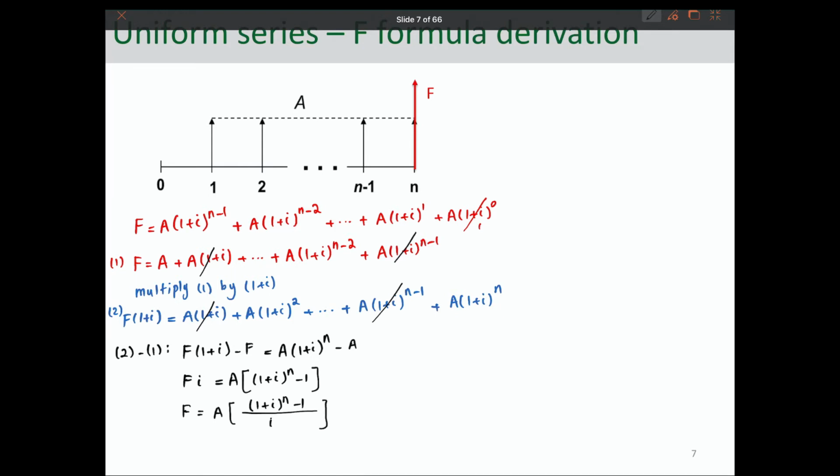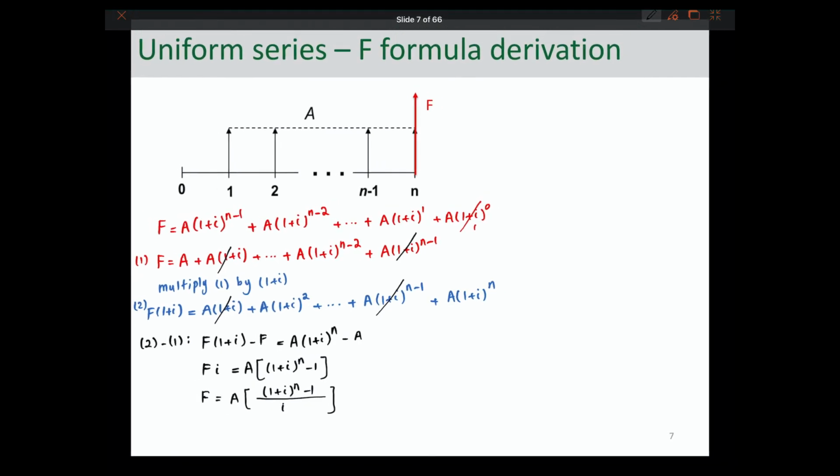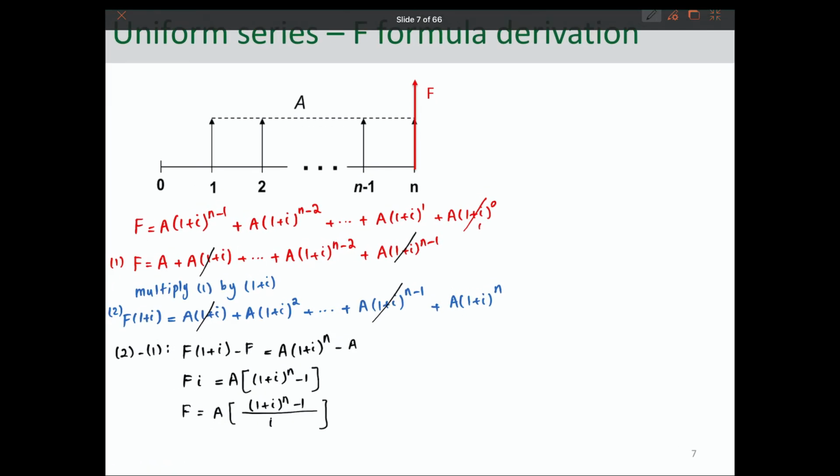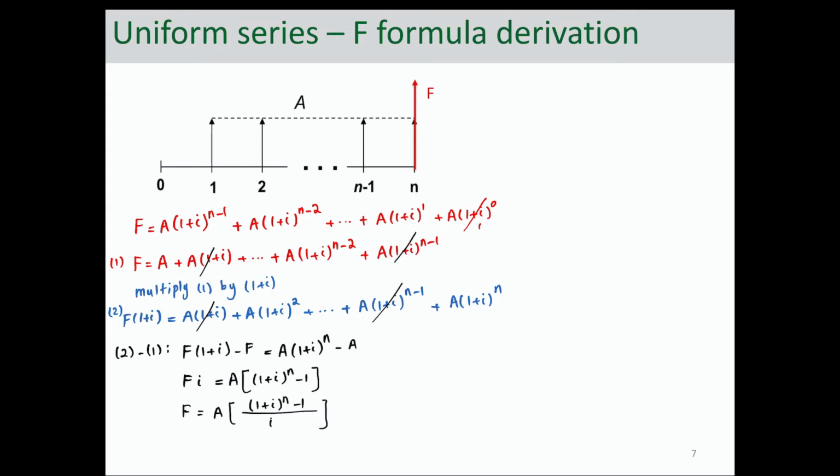And this is the formula of a uniform cash flow, a uniform series. So essentially this would be the factor that you can read from the table. This is equal to a times f given a, I, n.